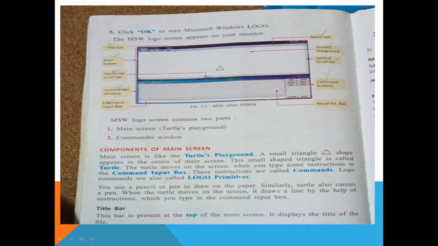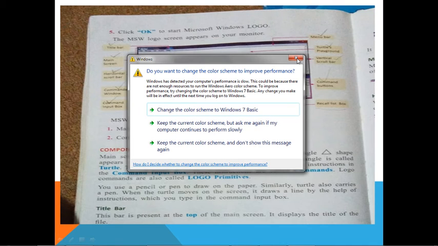When the turtle moves on the screen, it draws a line with the help of the instructions which you type in the command input box. See, here is the title bar. Title bar depends on three things. Let's see. Title bar. This bar is present at the top of the main screen. It displays the title of the file.